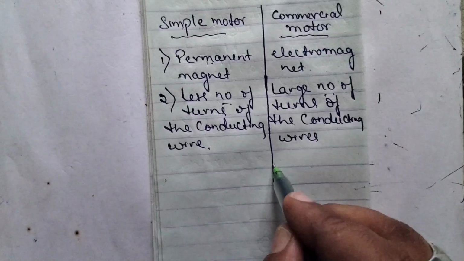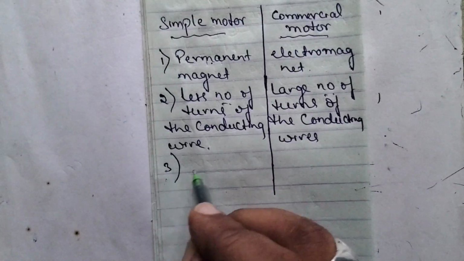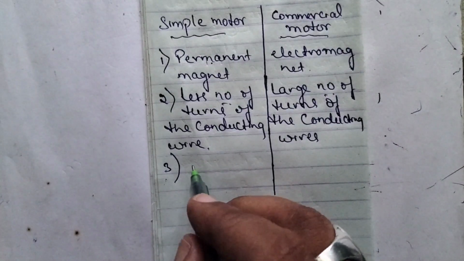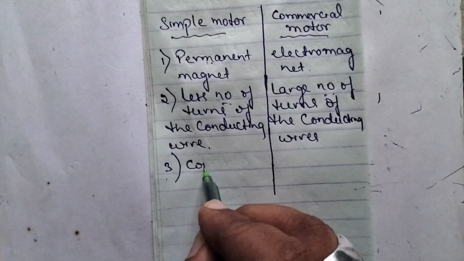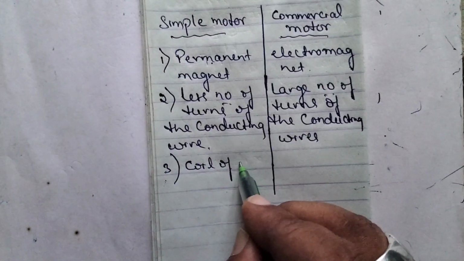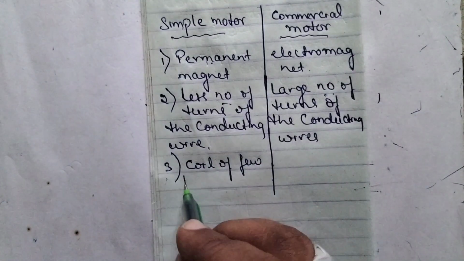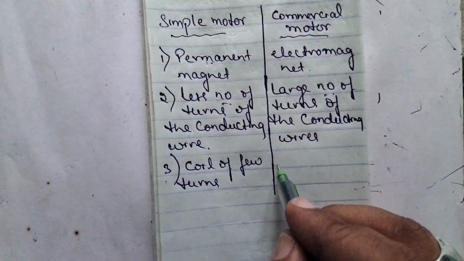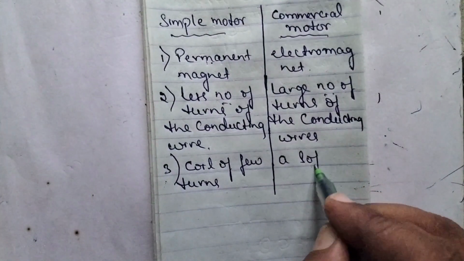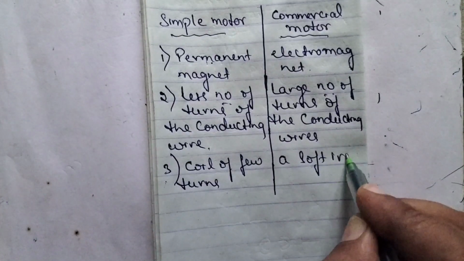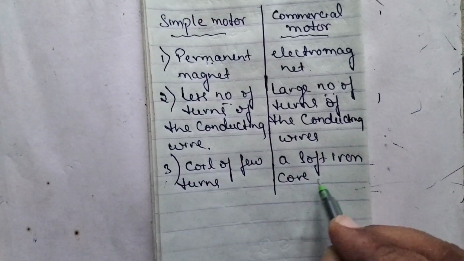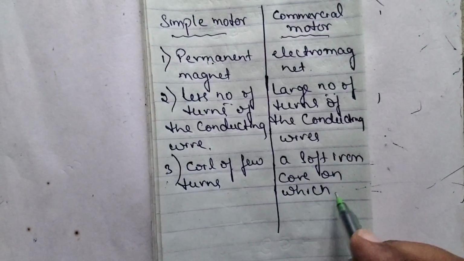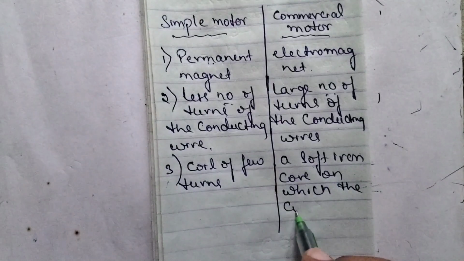Then coming to the third difference between them, a simple motor consists of a coil of few turns, but a commercial motor consists of a soft iron core on which the coil is wound.